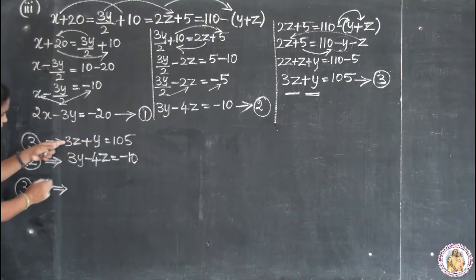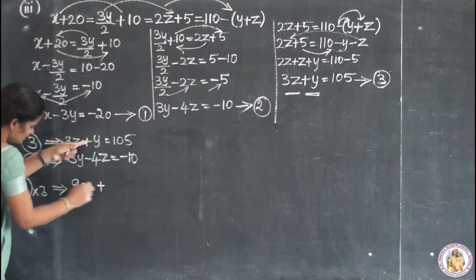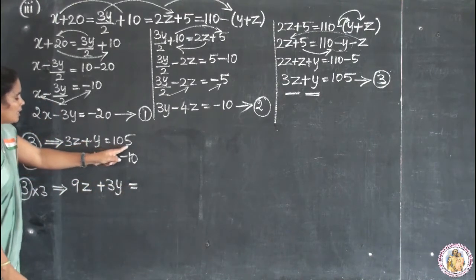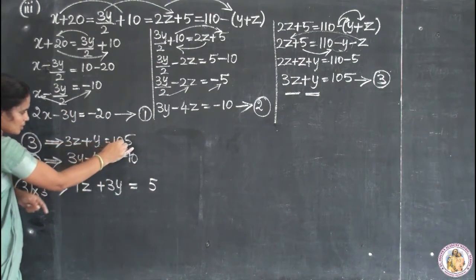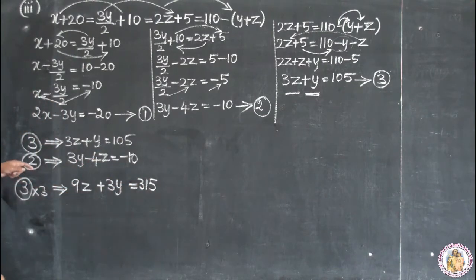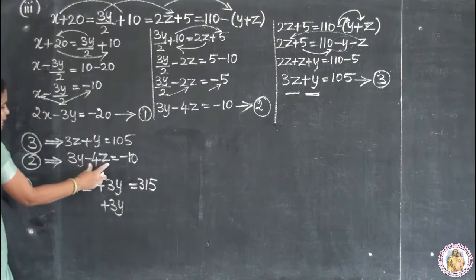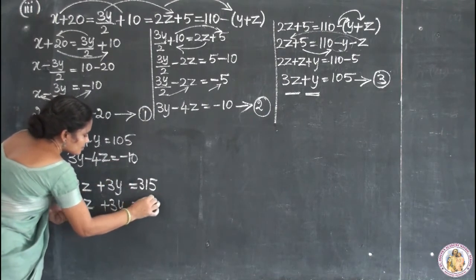So 3 into 3 is 9z plus 3 into y, 3y, is equal to 3 into 105. 3 fives are 15, 1, 3 into 0 is 0, 1, 3 ones are 3, so 315. Taking the second equation, 3y minus 4z, write the variable 3y in the proper place, 3y and minus 4z is equal to minus 10.